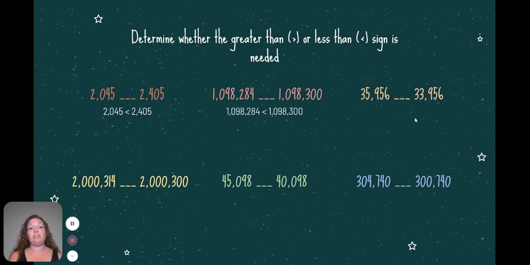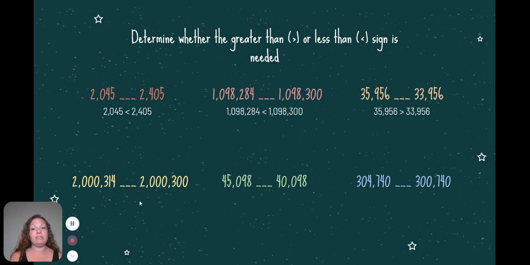So let's look at the next one, this yellow one over here on the right. 35,956. 33,956. Okay, so now we're looking from left to right, and in our thousands place, we have a 5 and we have a 3. So we need to determine that the first number is greater.